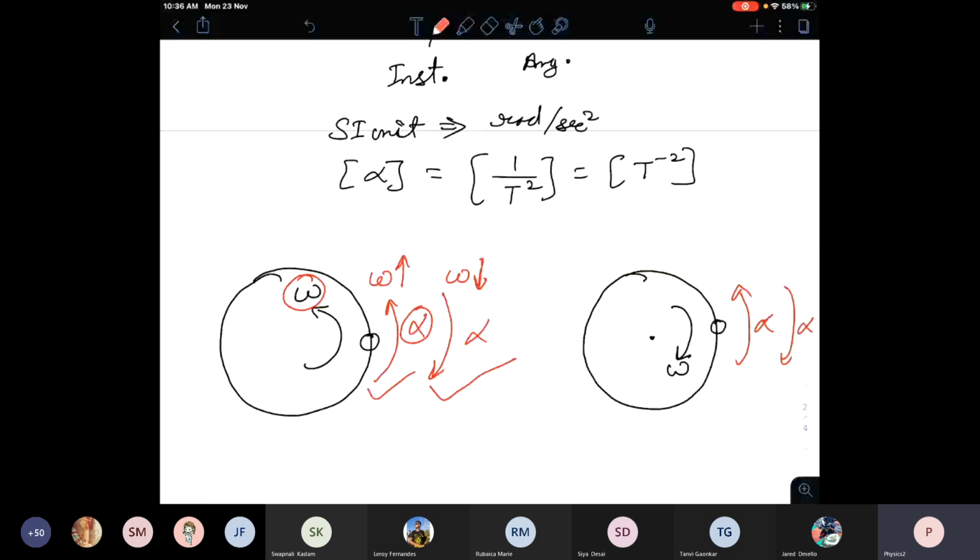Again the same logic: if omega and alpha are in the same direction, omega will be increasing, it will be accelerating. If omega and alpha are in opposite directions, omega will be reducing, it will be retarding. That is the same as linear acceleration. Whatever direction it is, it can happen, and the motion will be as such.